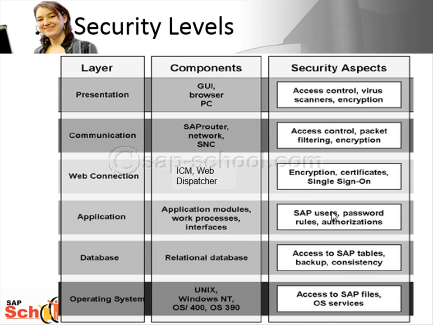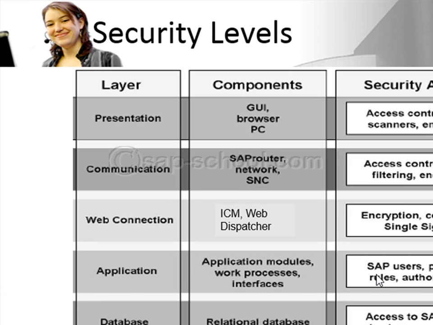SAP systems are secured at various different layers. Each layer has its own protection mechanism. To avoid unauthorized system access, system and data access control mechanisms are provided at the application level. While protecting an SAP system, you need to keep the following two points in mind.